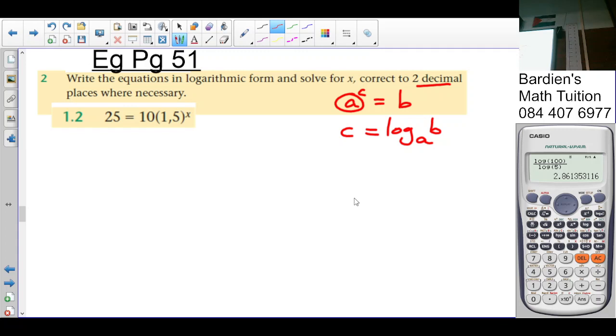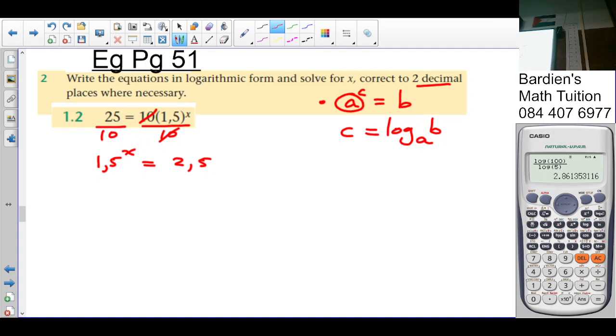So firstly, we want to get it in this form here: a number to the exponent is equal to b. To get it in that form, I must first get rid of the 10. So I divide by 10 both sides. That's gone. So it's 1.5 raised to the x is equal to 2.5. I can do as I did in the second case for the first example.